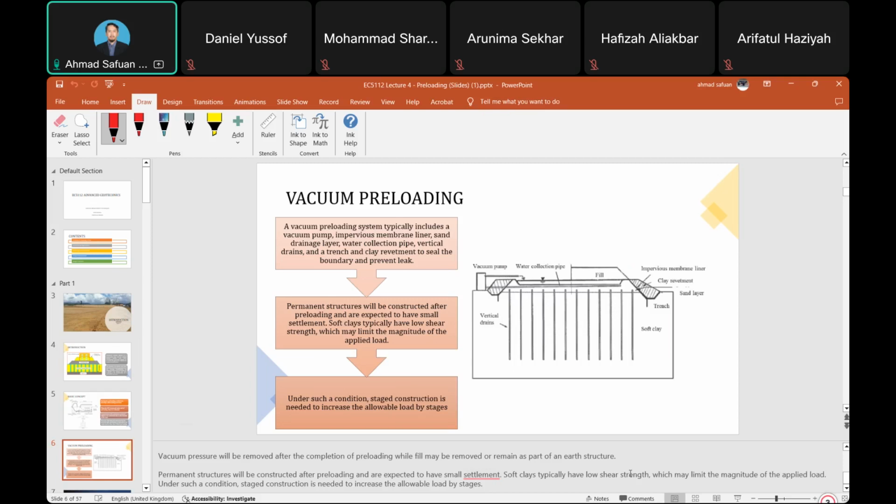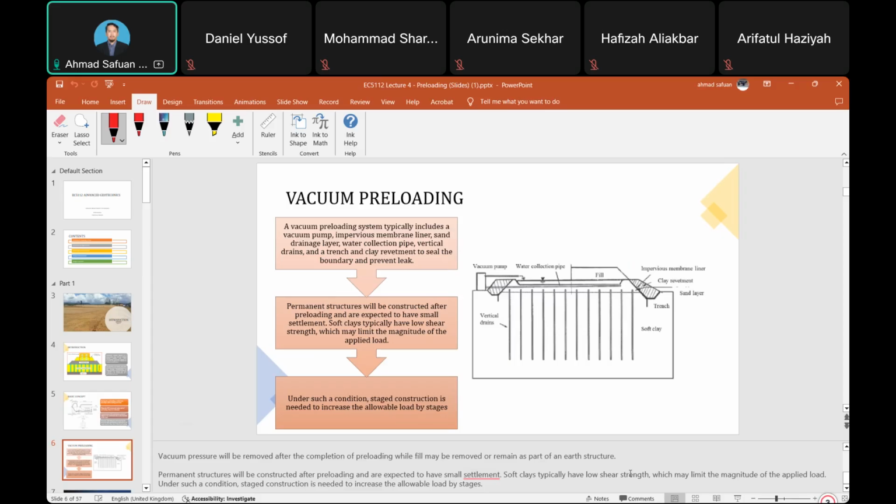Permanent structure will be constructed after preloading and is expected to have small settlement. Soft clay typically has low shear strength, which might limit the magnitude of the applied loads. Under such conditions, stage construction is needed to increase the allowable load by stages. So that is the use of vacuum preloading.